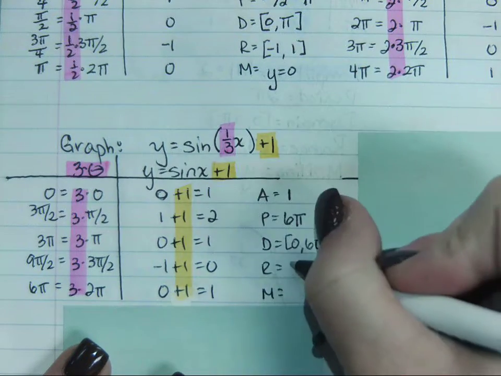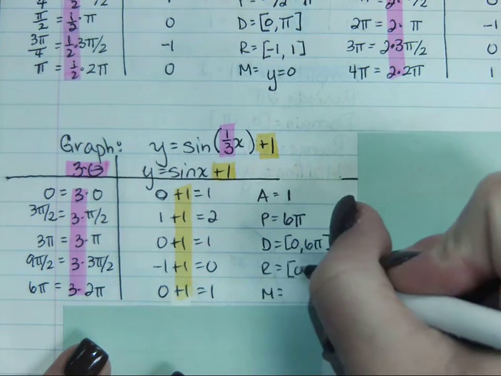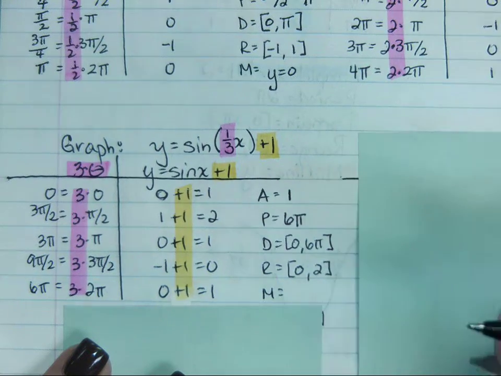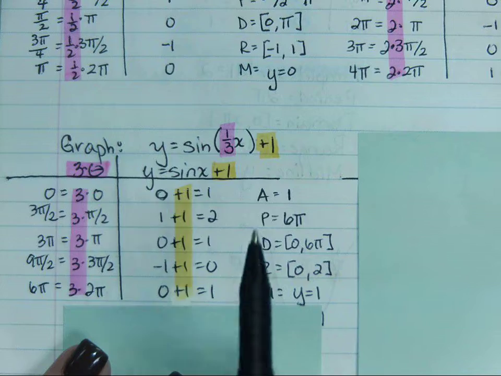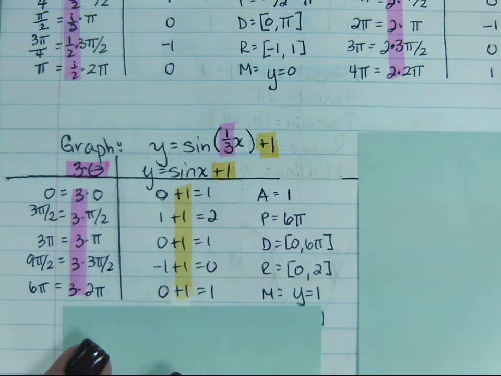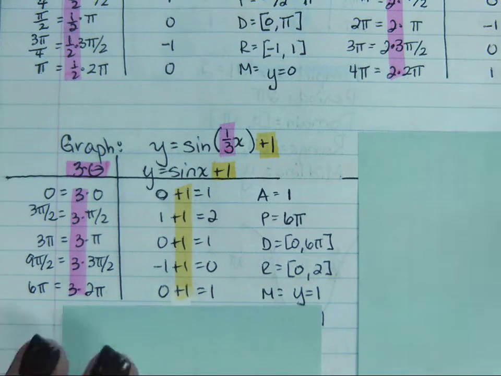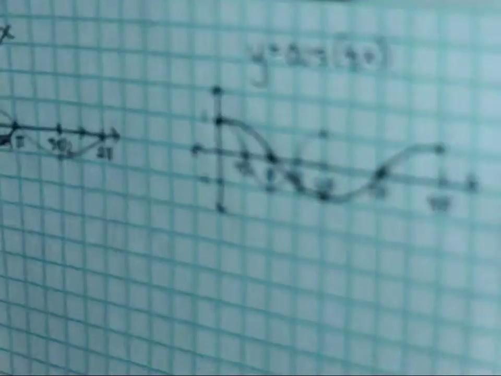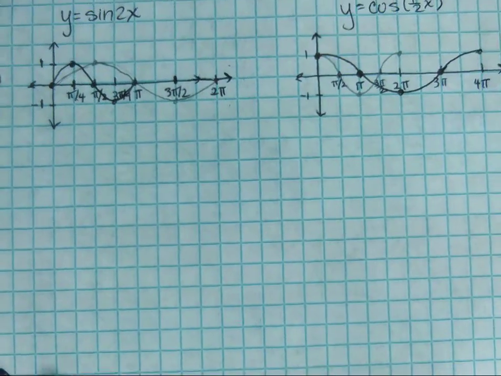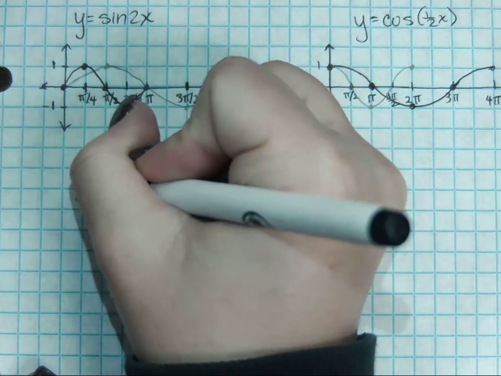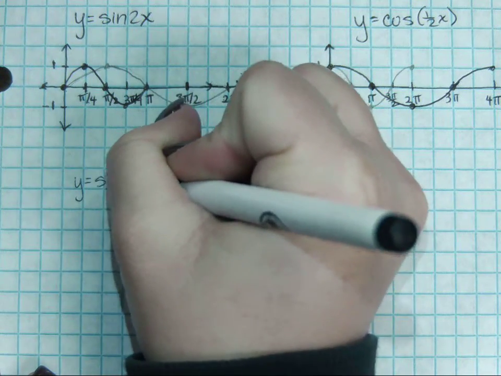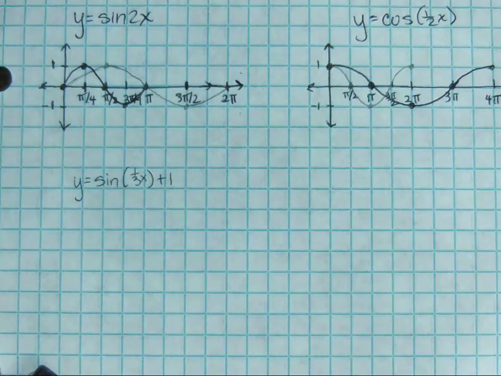Smallest value on my range is 0, largest is 2. And again, my midline is now changed to be 1. So whatever that vertical shift is going to help my midline. All right, so actually, let's make a graph. All right, and so this is going to be y equals the sine of 1/3 x plus 1.